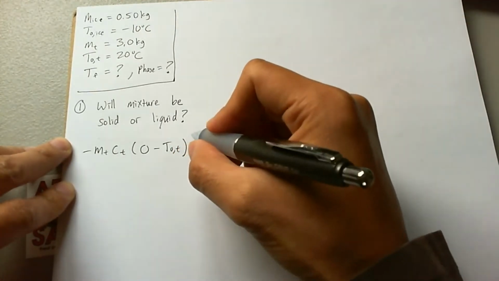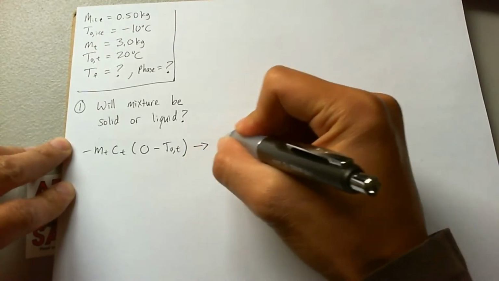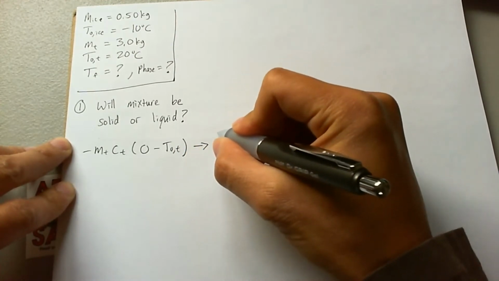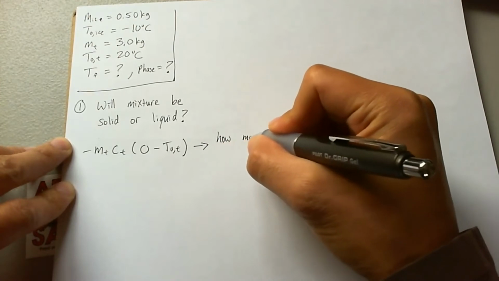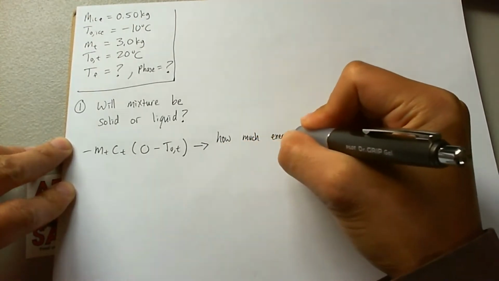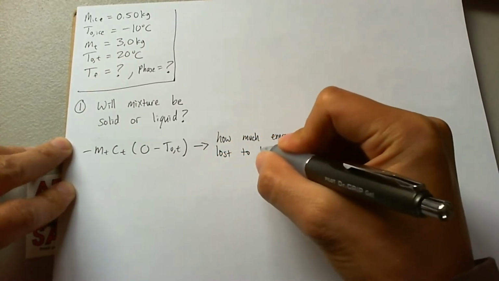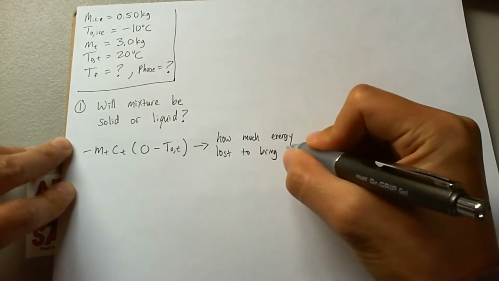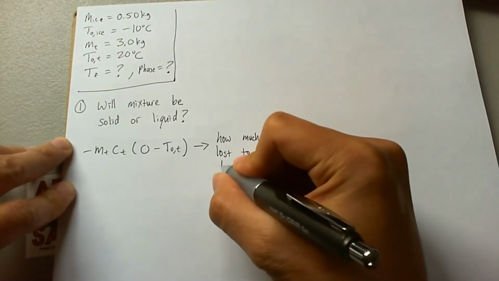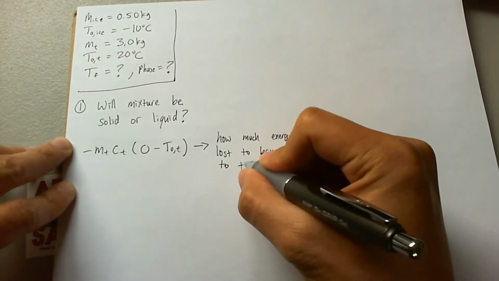We're going to go ahead and just label this. This is how much energy lost to bring T to transformation point.